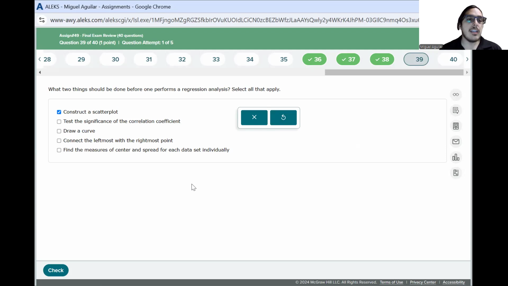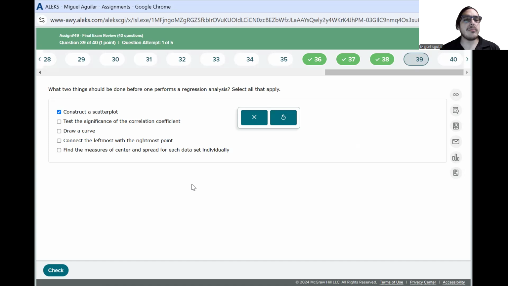Okay. Test the significance of the correlation coefficient. No, that's getting a little bit ahead of ourselves. Draw a curve, connect the leftmost with the rightmost point. No, that's not right. Find the measure of center and spread for each data set individually.